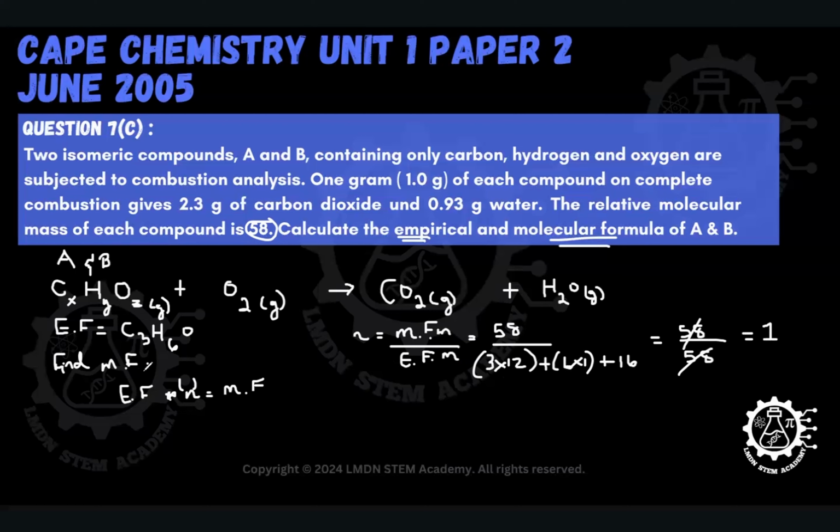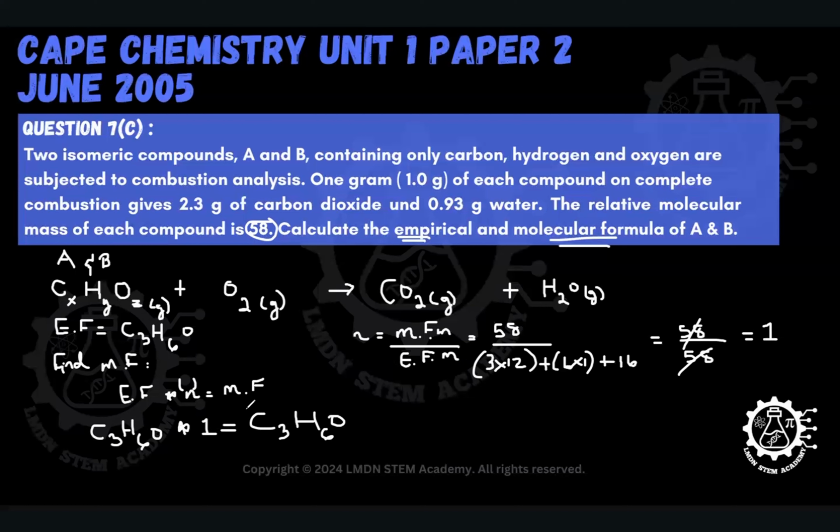So if we come down here now to apply our formula, our empirical formula was C3H6O. We're going to multiply that by n, which we found to be 1. And would you look at that? Our molecular formula is exactly the same as our empirical formula. Okay? So that's our answer.